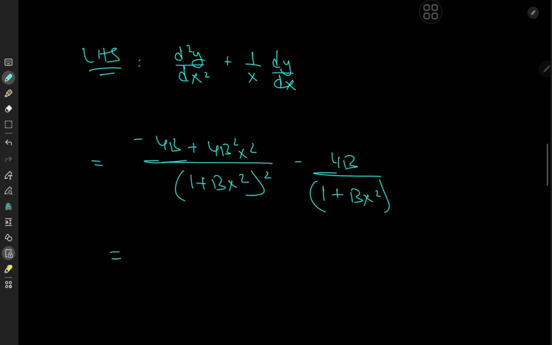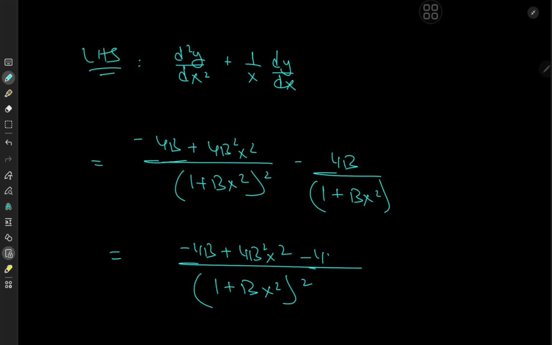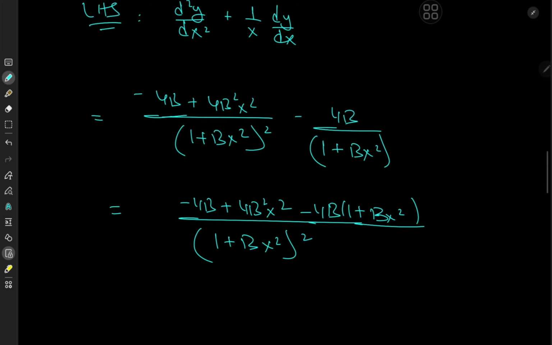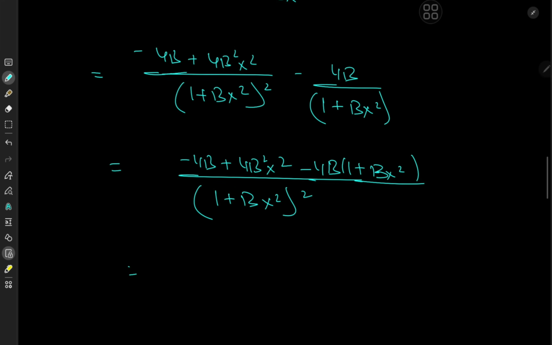So after some simplification, this is our denominator. And upstairs, we're going to have negative 4b plus 4b squared x squared minus 4b times 1 plus bx squared, which is dope, I guess, because I do see some cancellations happening.